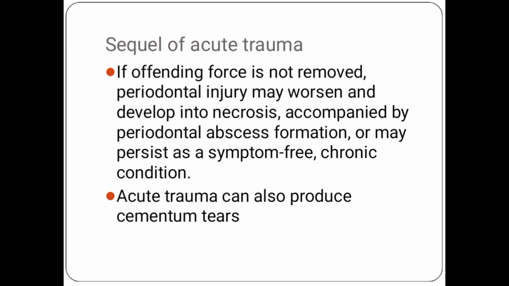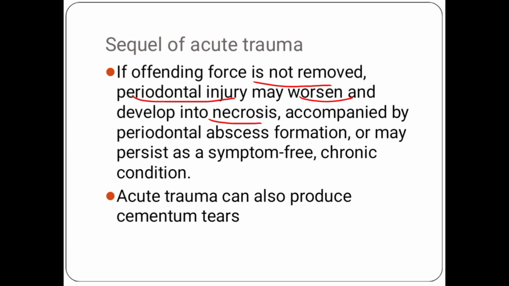Then sequelae of acute trauma. Sequelae of acute trauma means the consequence and result of acute trauma. When you do not treat or improve that periodontal injury that has occurred, it becomes worse.